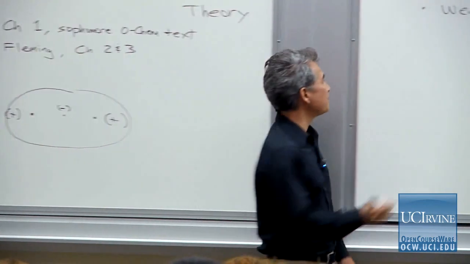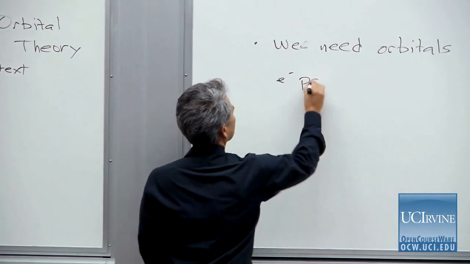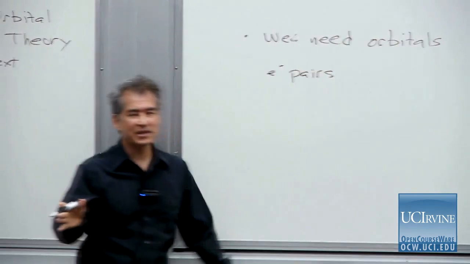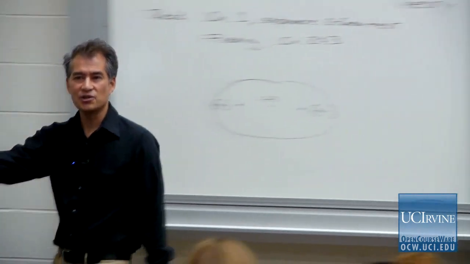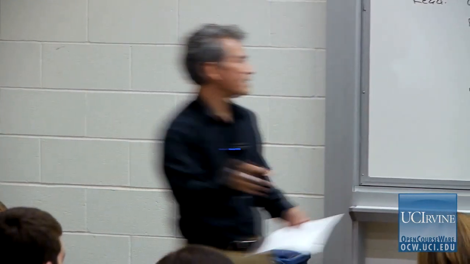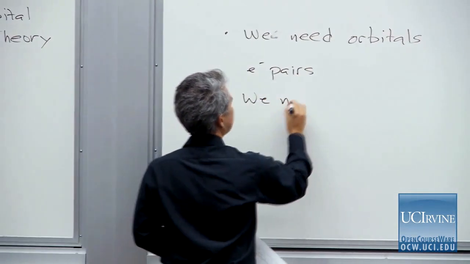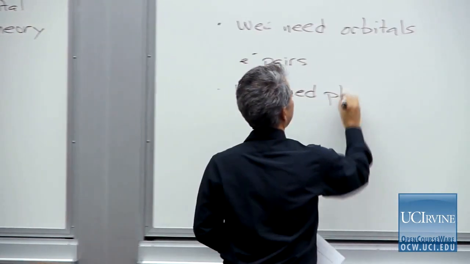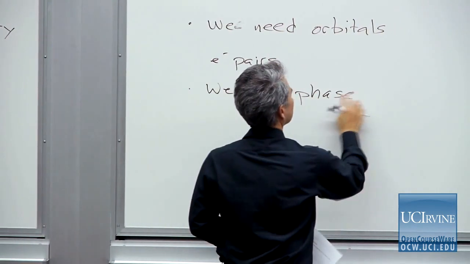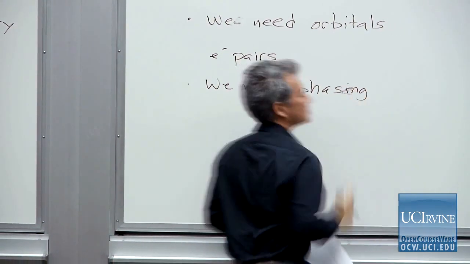We put in electron pairs. And because we're putting in electron pairs, we need some way to show that those electrons will avoid each other. And so as a result of that, we need phasing. We need to phase those orbitals to show that there's a way for the electrons to get out of the way.